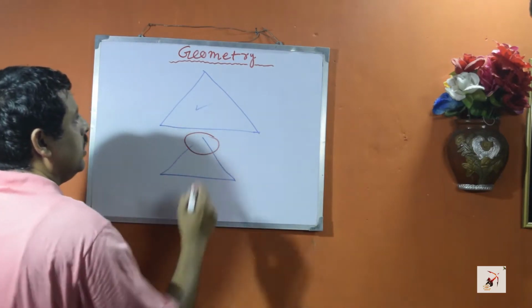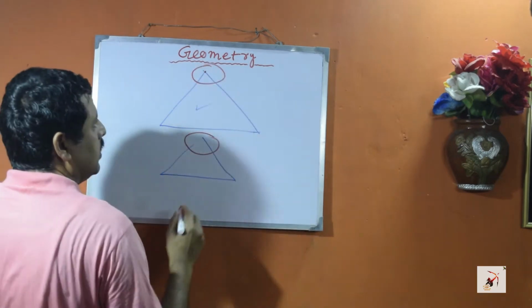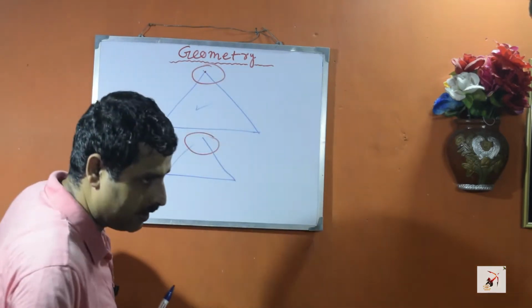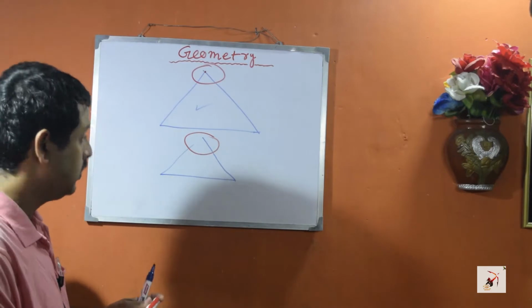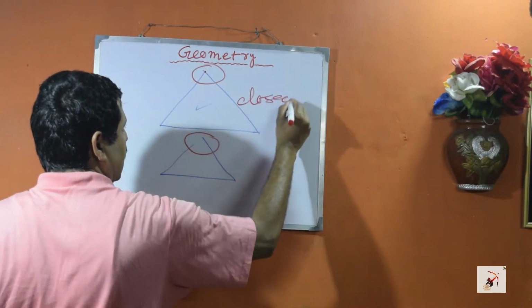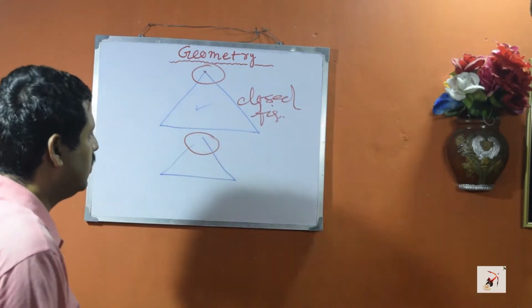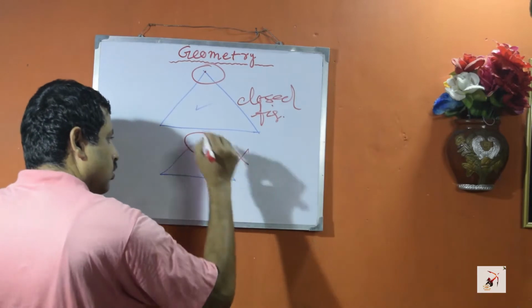Here there is no continuity, but here the common point connects two line segments. So this is a closed figure, but this cannot be termed a closed figure.